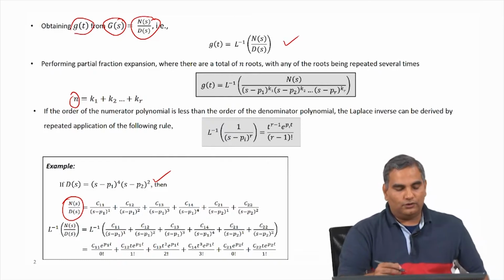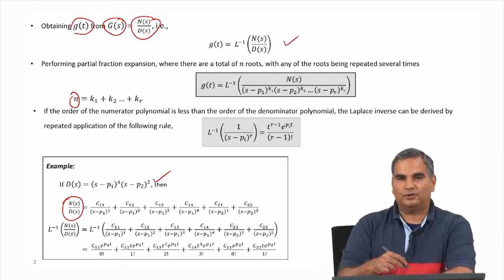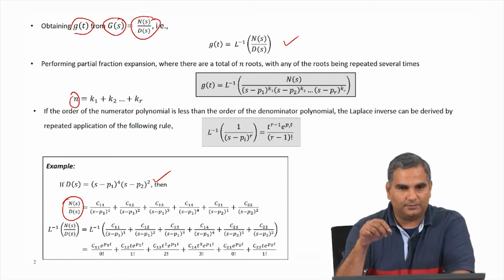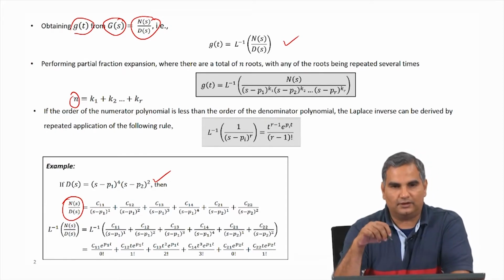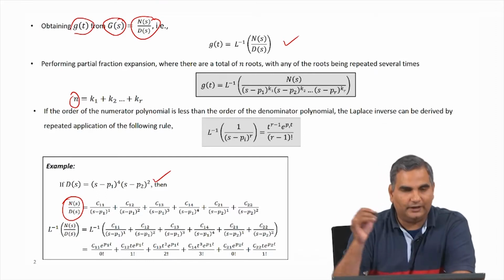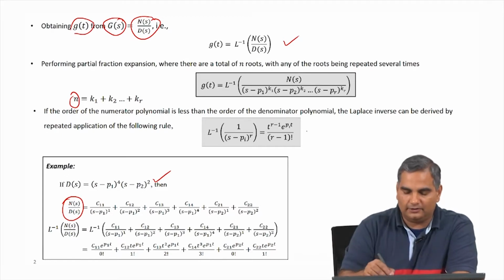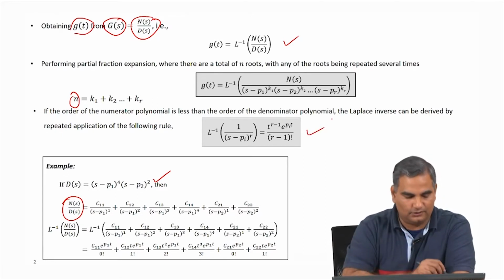I am going to show you how to compute c11, c12, c13, c14, c21, c22 for general problems, but as of now this is a procedure. If someone told you how to compute the c's, then you can quickly invert this Laplace domain function, and all you need is just this, there is nothing else that you need.